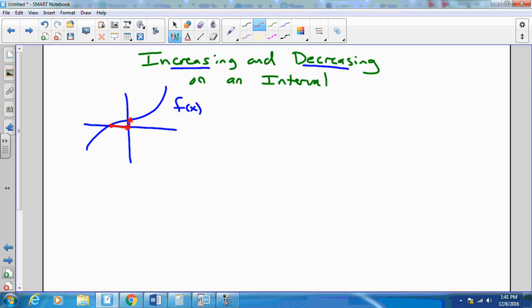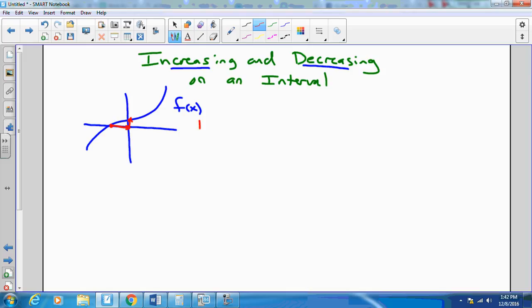Okay. So with that picture in mind, let's try to capture that picture in mathematical language. I want to capture the idea of when I go right, I go up. That's right. When x increases, y increases. Good.